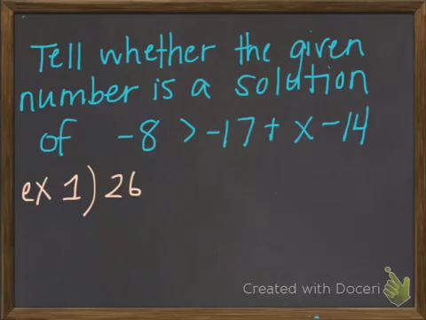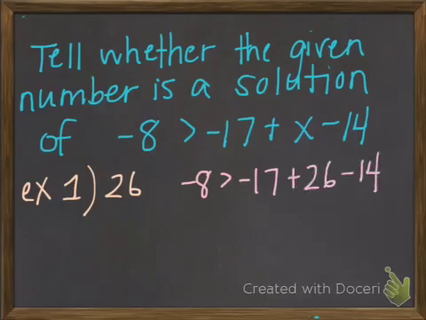The first thing you're going to do is plug in 26. So you have negative 8 greater than negative 17 plus 26 minus 14. From here, you need to simplify. So I get negative 8 greater than negative 17 plus 26 is positive 9 minus 14.